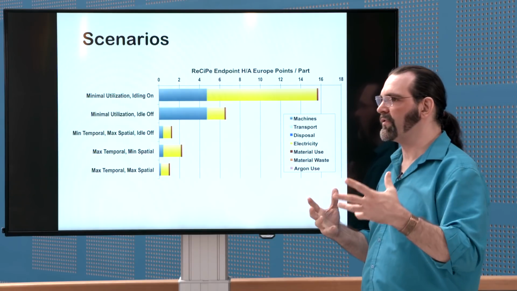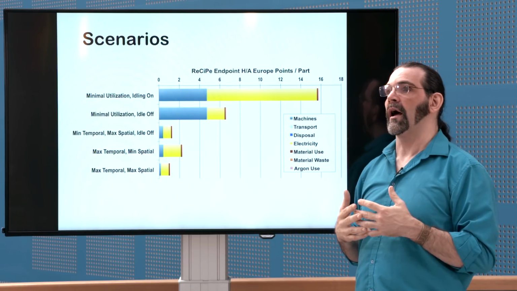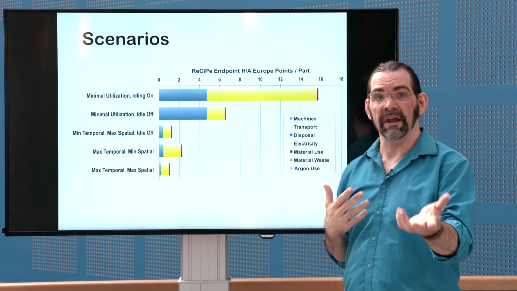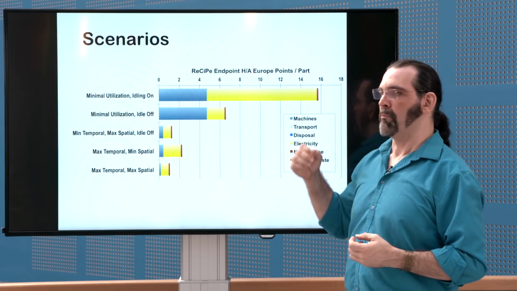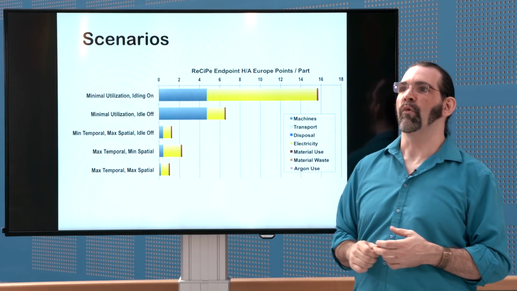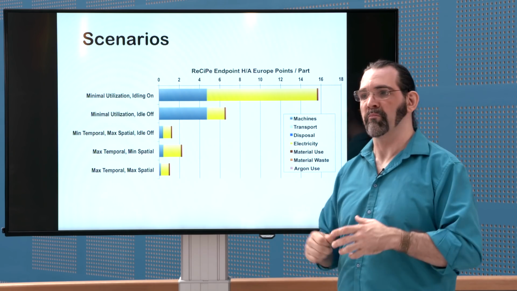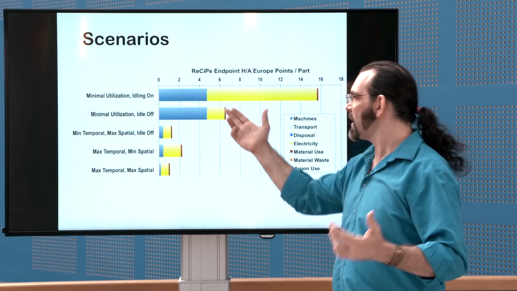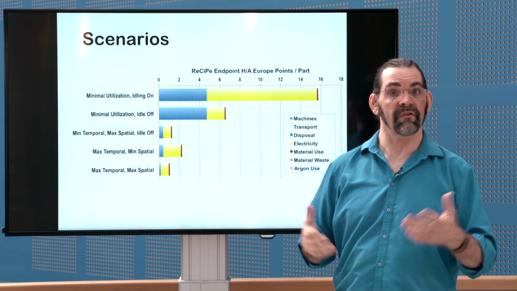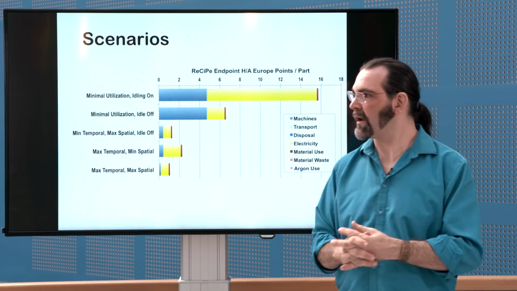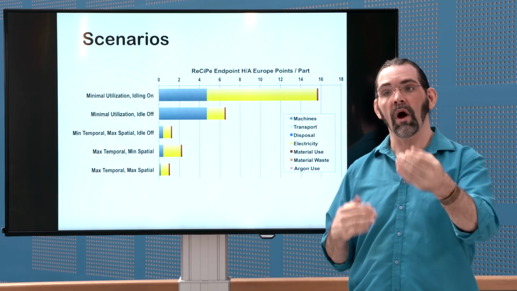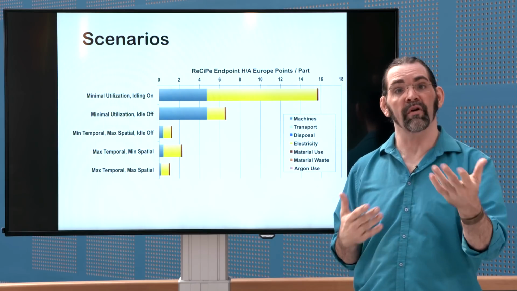And so then you can say, okay, well, what's my green redesign priority here? Is it to make this machine more easily shareable so that more people can use it and we can increase the utilization, for example? But again, that's based on what you're using your LCA for, what the purpose of your LCA is.